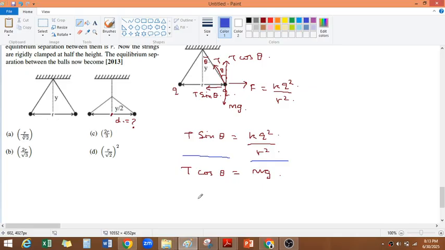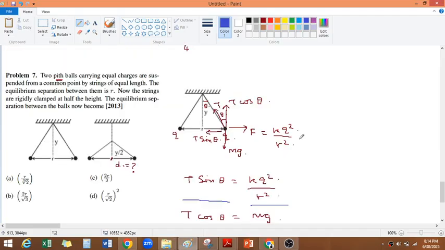Okay, so for now, tan theta is equal to kq square divided by r squared mg. Mg will come over here.